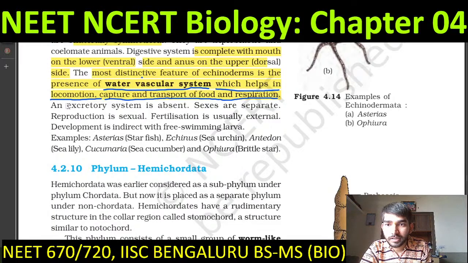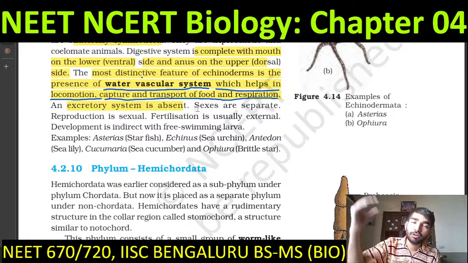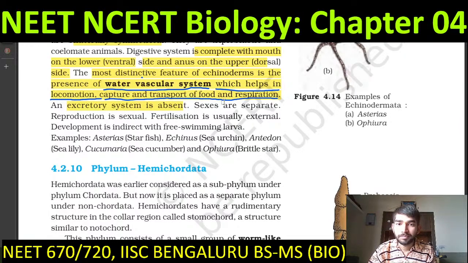The excretory system is absent. So how do they remove the waste? Through this water vascular system itself, everything will be removed.